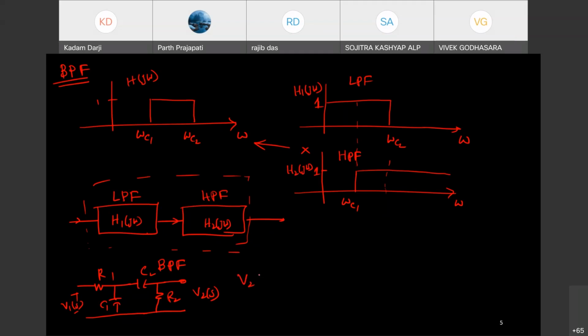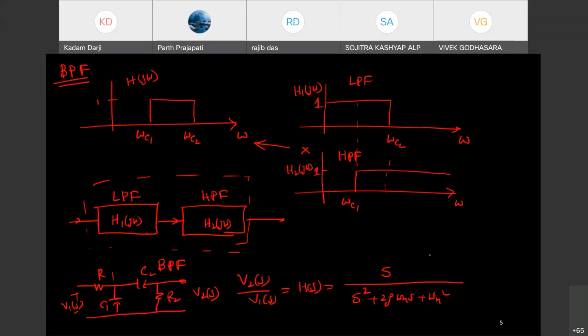If you find the transfer function V2(s) upon V1(s), H(s), you will get it of this form: s upon s square plus 2 zeta omega n s plus omega n squared.